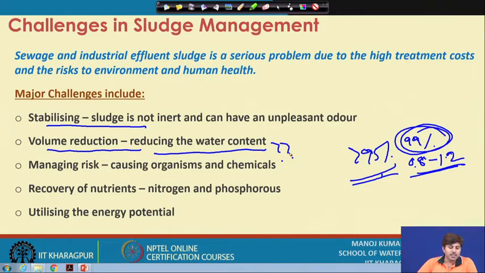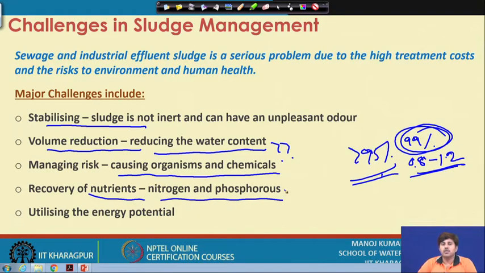Then there is managing risk due to the various organisms and chemicals, which could be present in the sludge and can impose health risk. Then of course there is recovery of nutrients, nitrogen and phosphorus. As we were just discussing, the characteristics of the sludge show a significant percentage of these fertilizing elements: nitrogen, phosphorus, potassium.